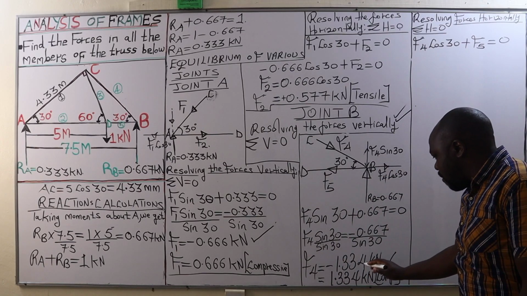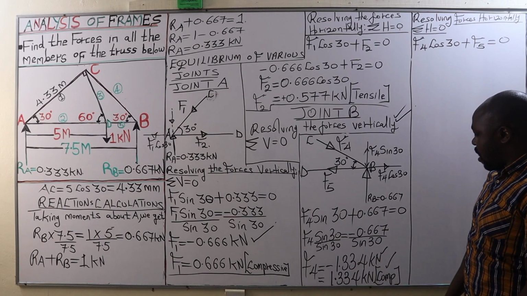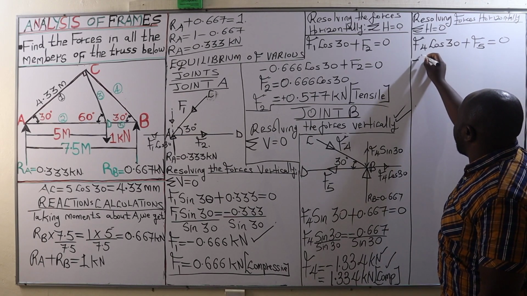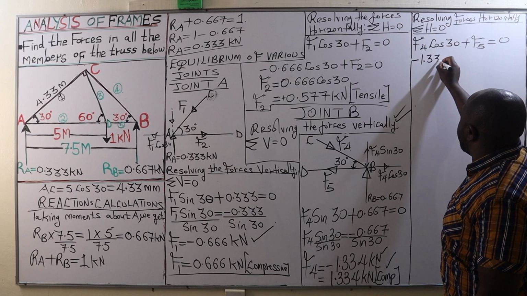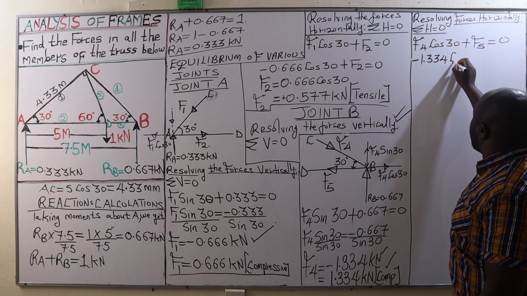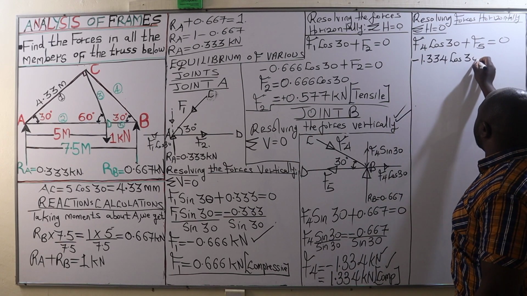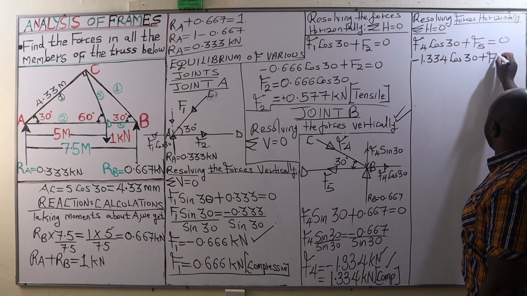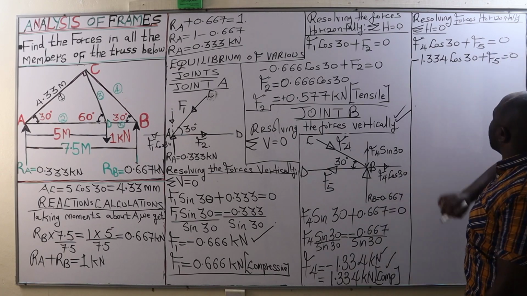We got the value of F4 as negative 1.334, therefore negative 1.334 cos 30 plus F5 equals 0.